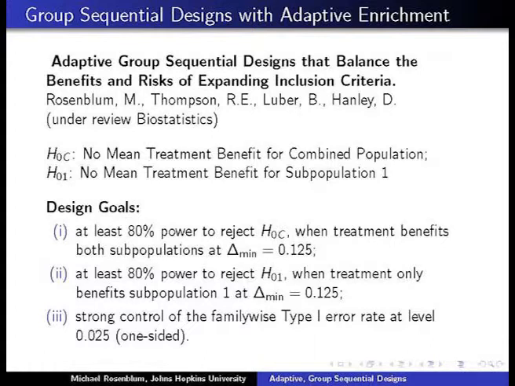Next I'll give an adaptive design, and it's actually a pretty general type of adaptive design. This is a new general class of adaptive designs, and we show how to prove the type 1 error is bounded at most 0.025.